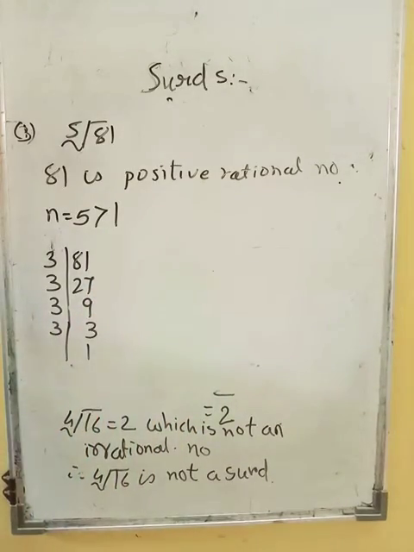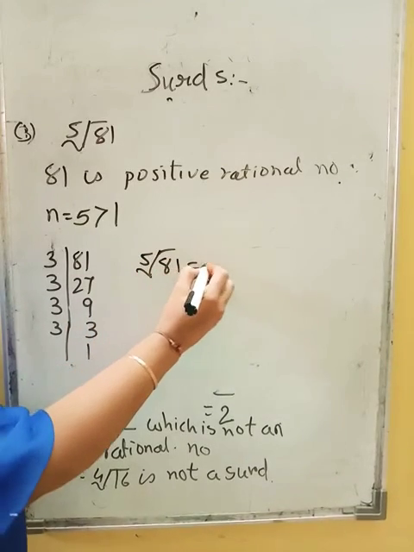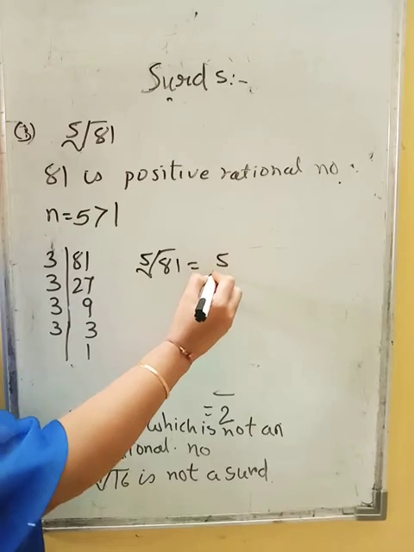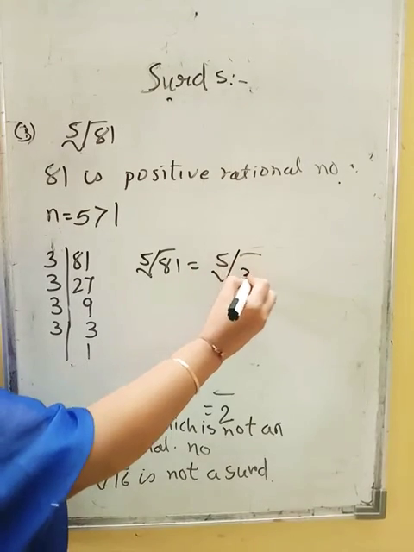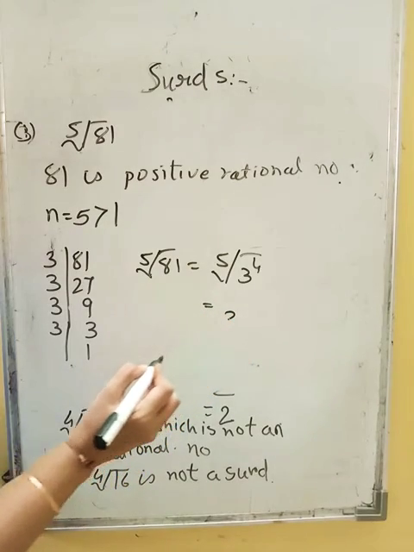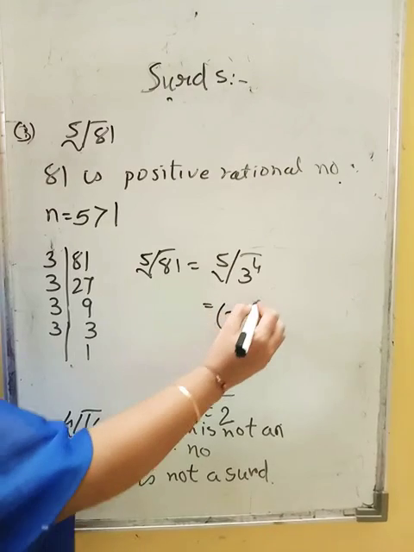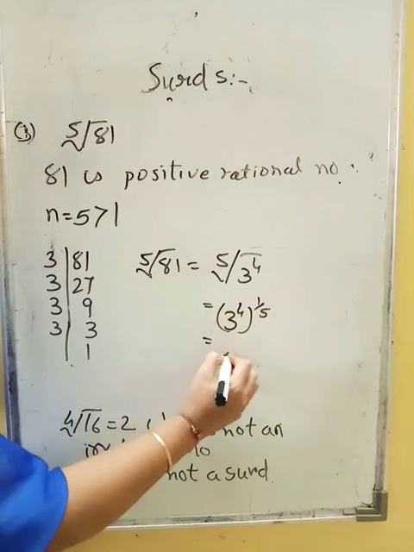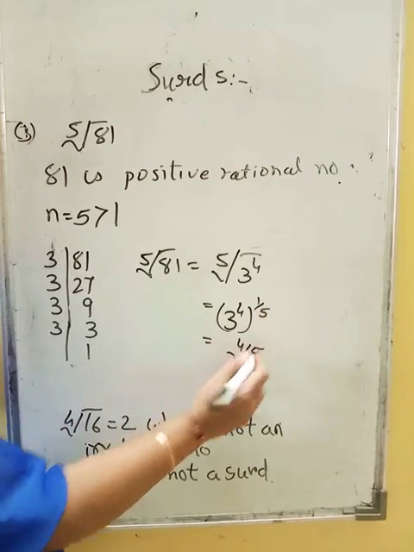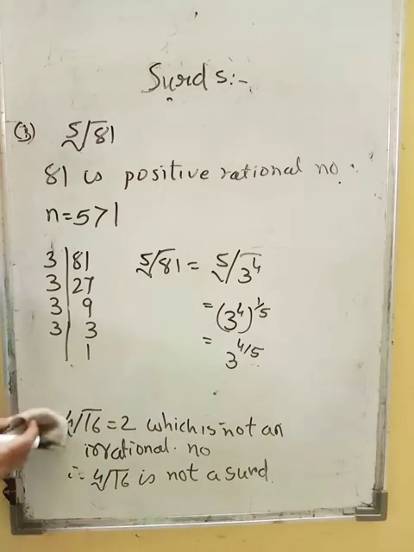So what you will write down here? Fifth root of 81 is equal to fifth root of 3 raised to 4. So it is 3 raised to 4 multiplied by 1 upon 5. It is 3 raised to 4 upon 5. Okay, so it is an irrational number.